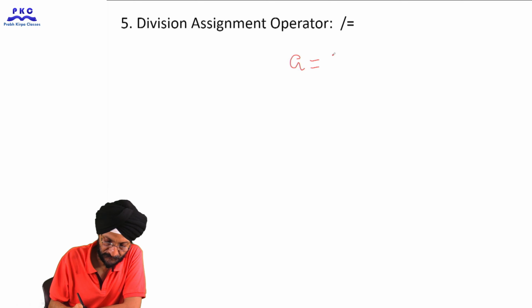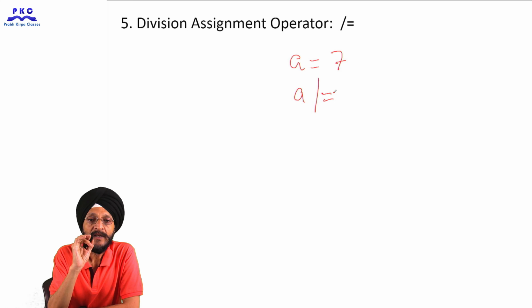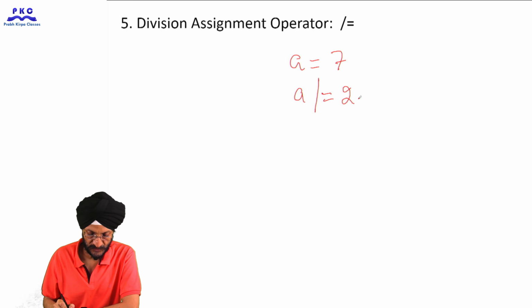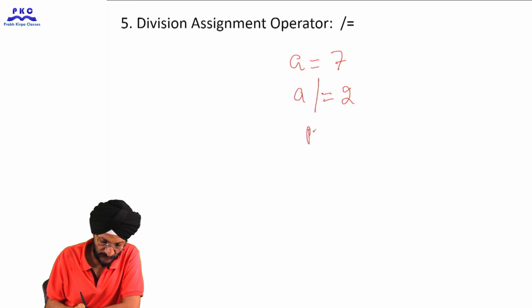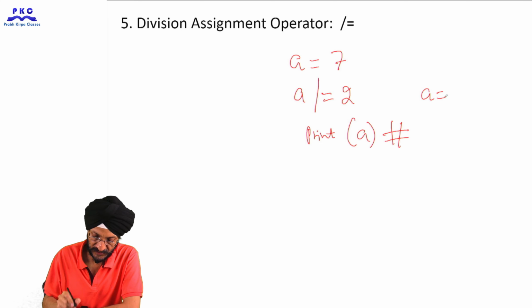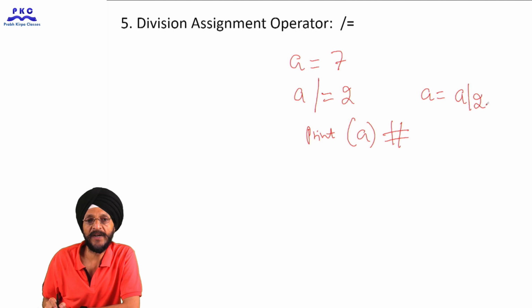Next, the division assignment operator. Suppose a is 7. Now we write a division assignment operator 2. So if we use the print function, print a, what will be the output? Here, after the division assignment operator, it means a is to be divided by 2.